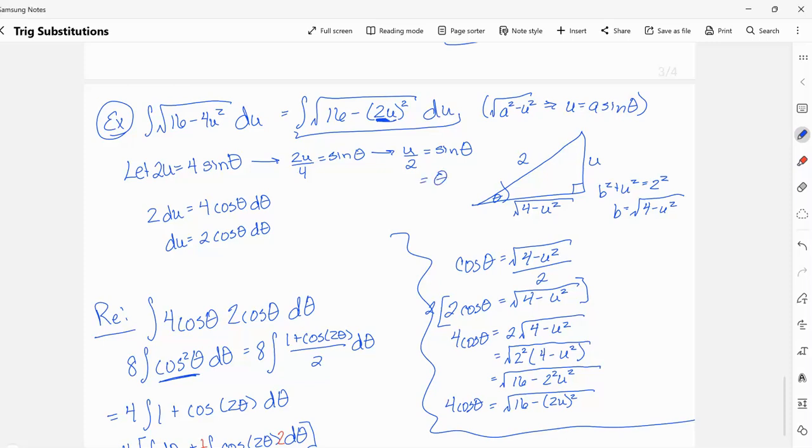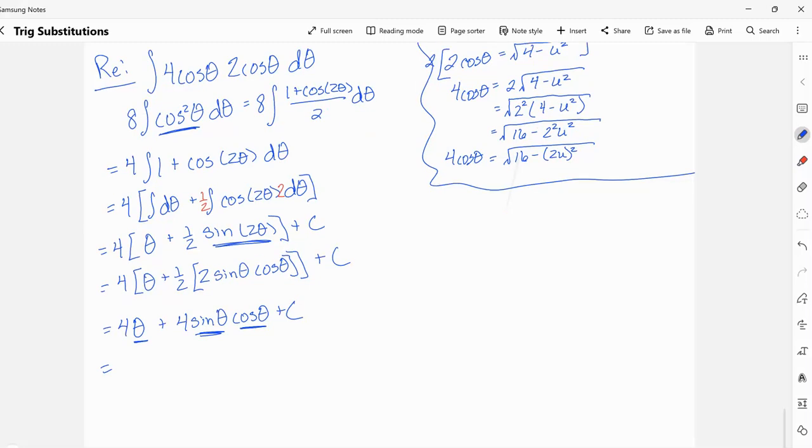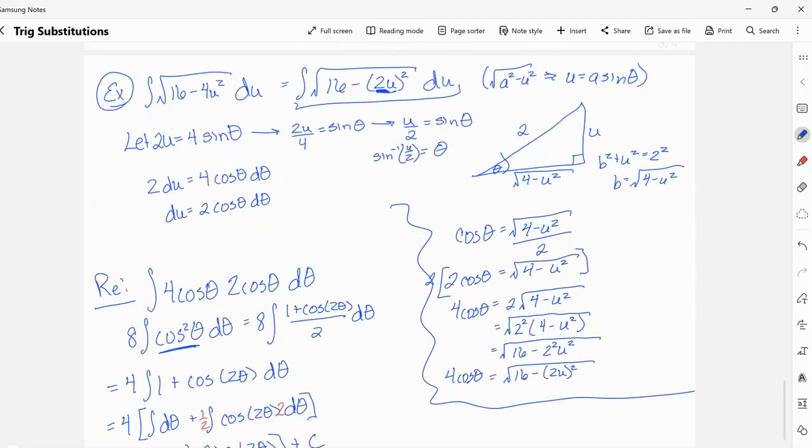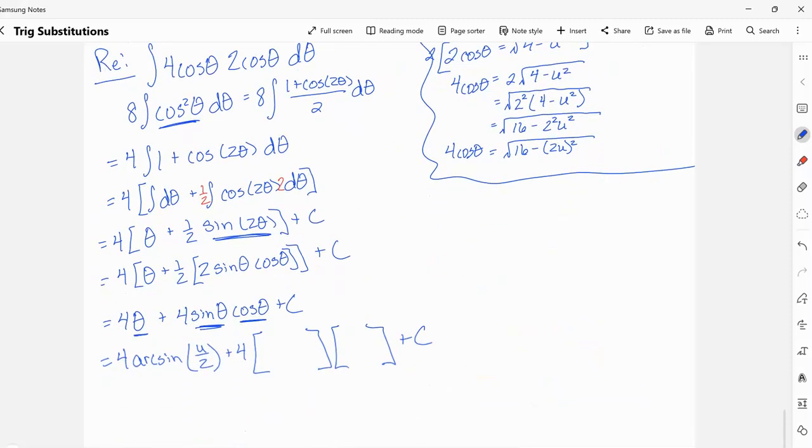If I want to get theta by itself, I would take the inverse sine. So I'm going to have 4 times the inverse sine. I'll call it arc sine down here. The notation means the same thing. Of u over 2 plus 4 times whatever sine and cosine are based on our triangle. Sine is opposite over hypotenuse, so u over 2.